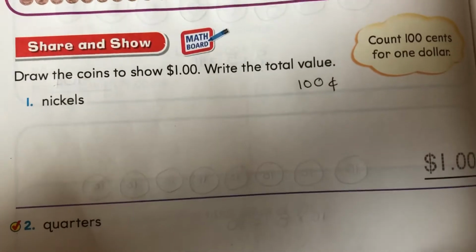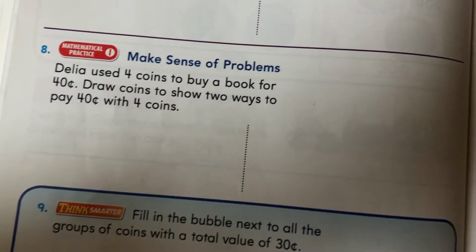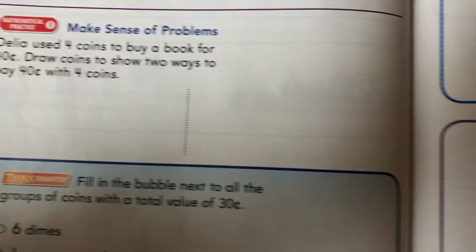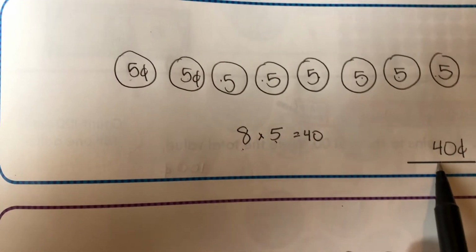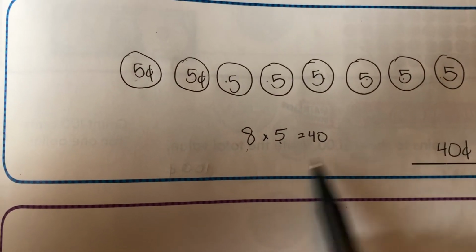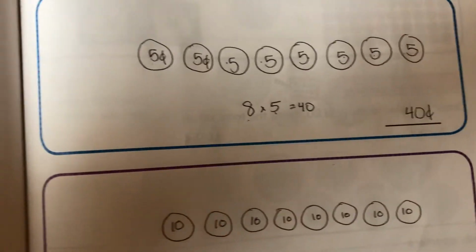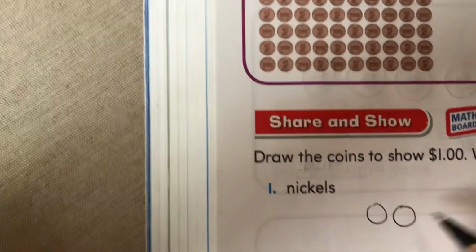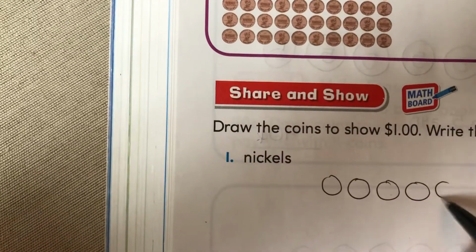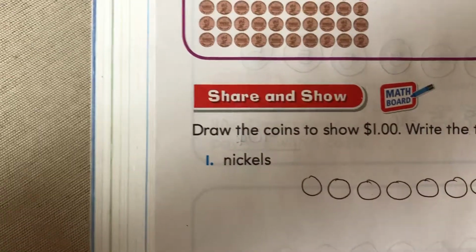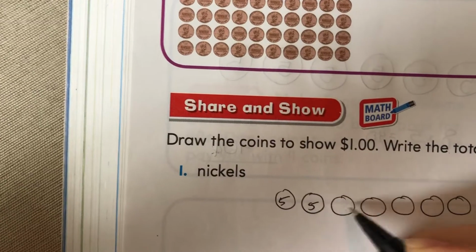Well, I know from before that I needed 8 nickels to equal 40. So I'm going to need more than that to get to 100 cents. So at least 8. Let's put the 5s in there because we're working with nickels.